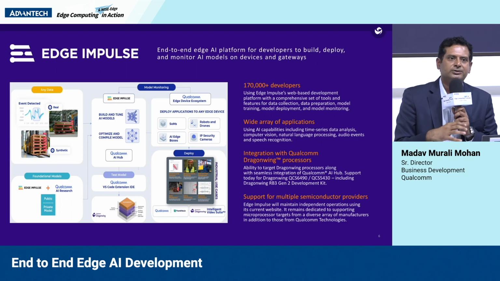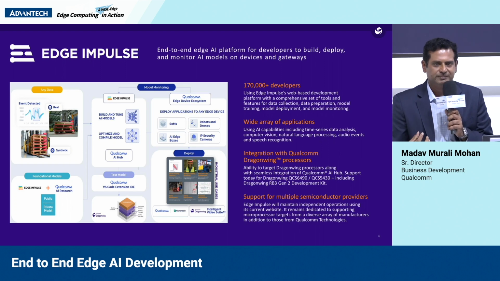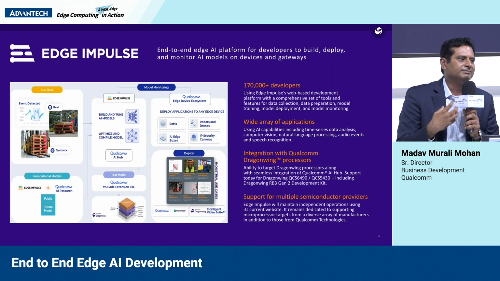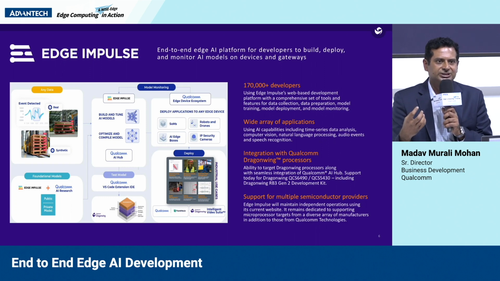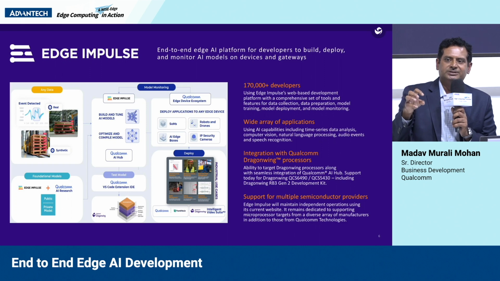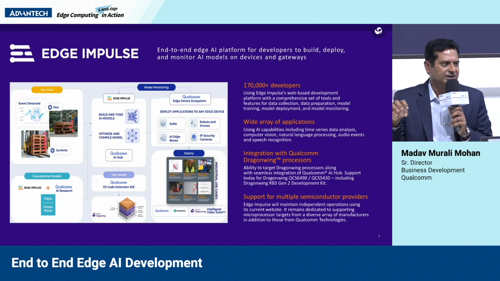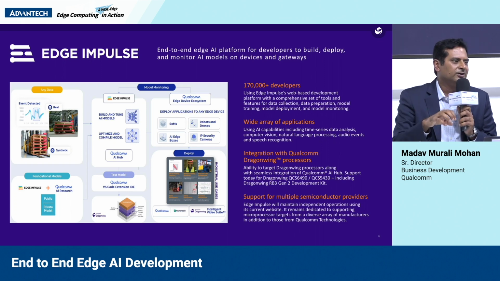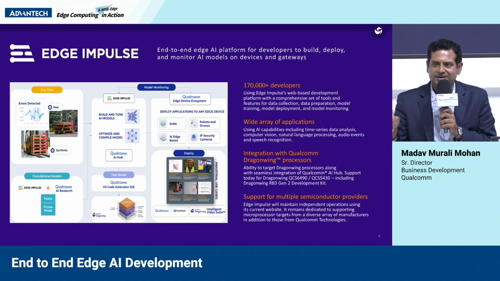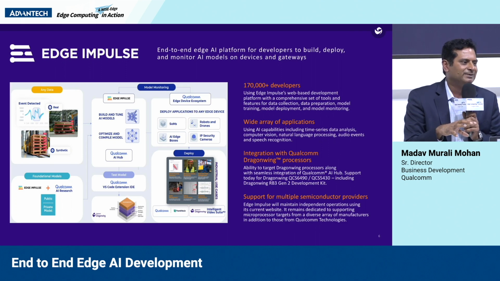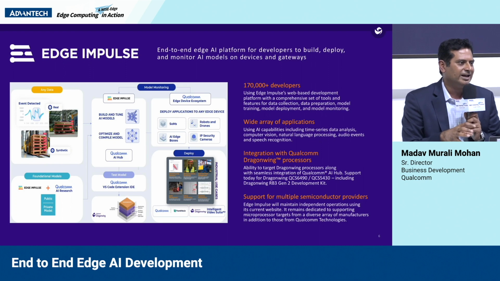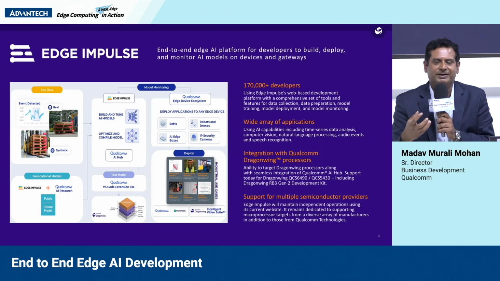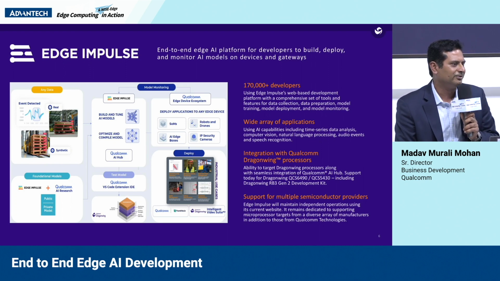That amount of neutrality that the tool provides is very valuable because it will help you build an application, and then decide which is the best chipset that you want to run on, within the Qualcomm family or outside the Qualcomm family. That's the reason why Edge Impulse is very popular, and we are so excited to have a tool like this within our family and be able to offer it to the developer community.